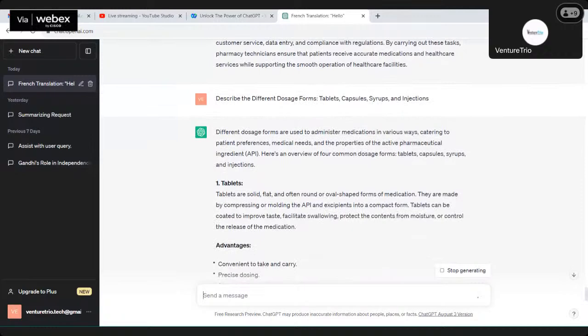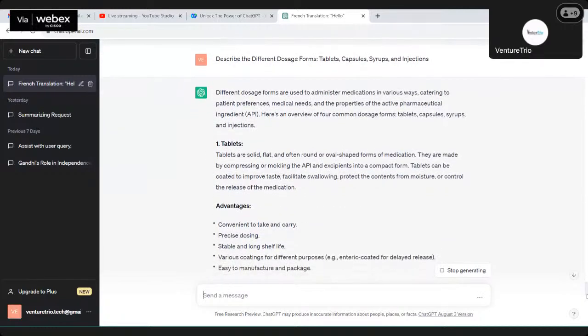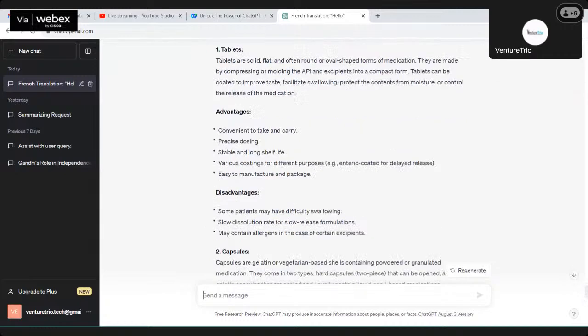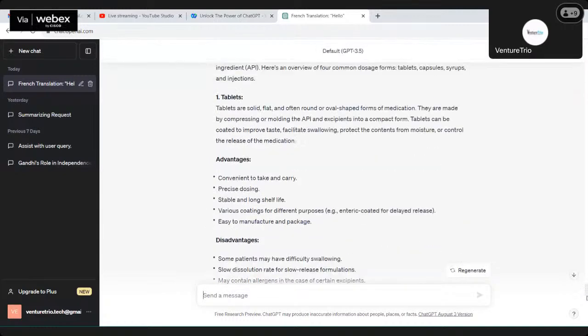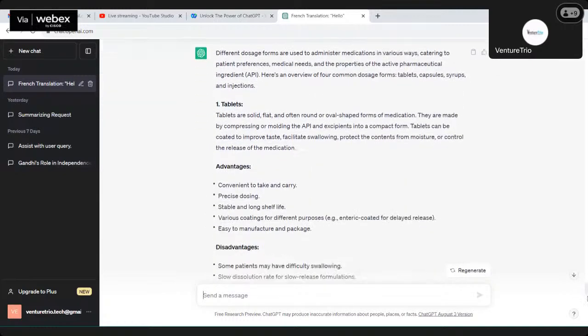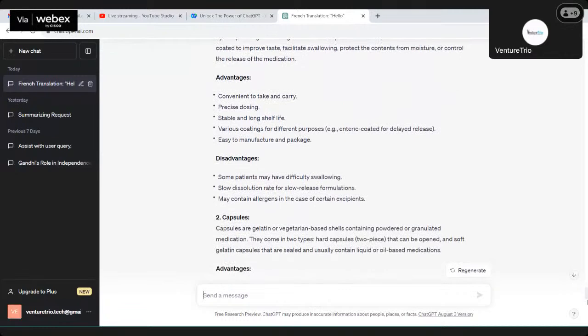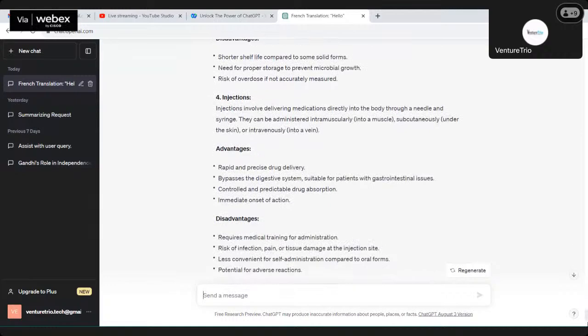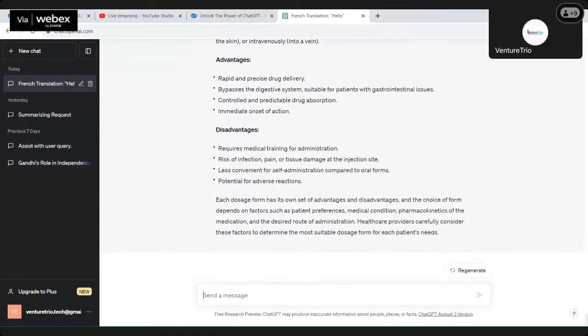You can prepare for exams and get appropriate summarized content about the topic. Like here, it will provide tablets, their advantages, disadvantages, capsules with the advantages and disadvantages.